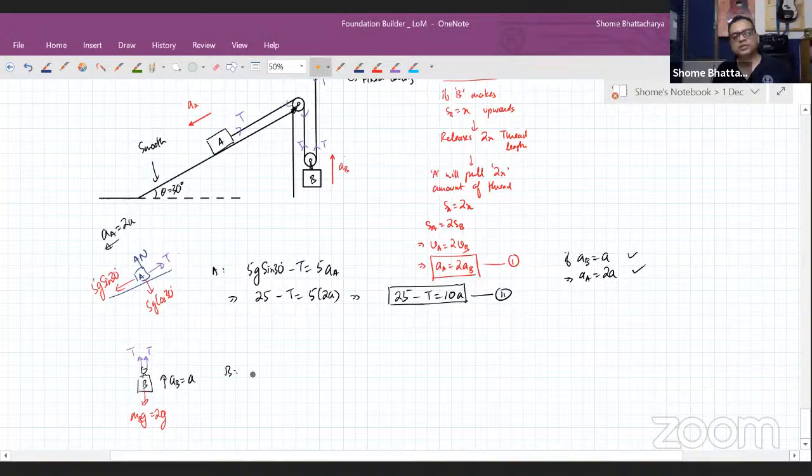So for B, we have the equation 2T minus weight is equal to mass into acceleration. So we have 2T minus 20 is equal to 2a.